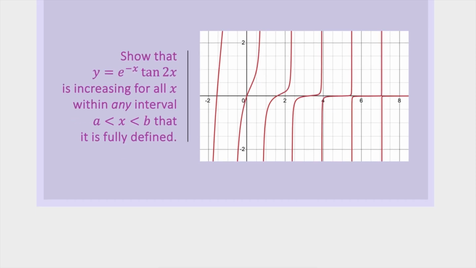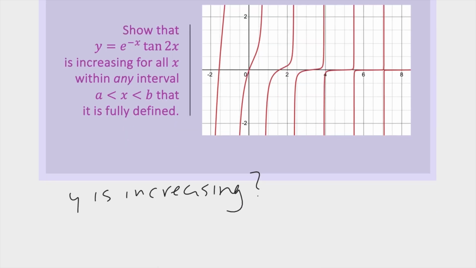So, first question, how do we know that y is increasing? What is something that tells us that the function y is increasing? So y is increasing when dy over dx is greater than 0. So when the gradient of the function is greater than 0, that means the function is increasing.